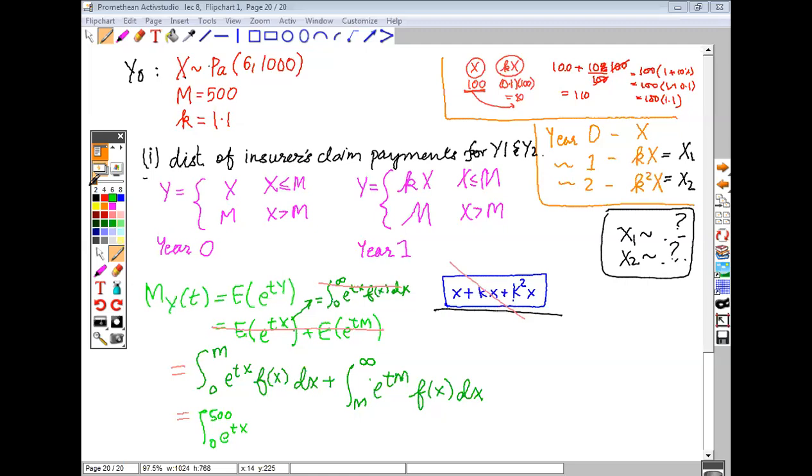Yes, ma'am, I just wanted to ask, we said we can use MGF, but as Anchita pointed out, we don't have the MGF of Pareto in our table booklet. So how will we compare it? Exactly right. We don't have the MGF formula for Pareto in the table booklet.